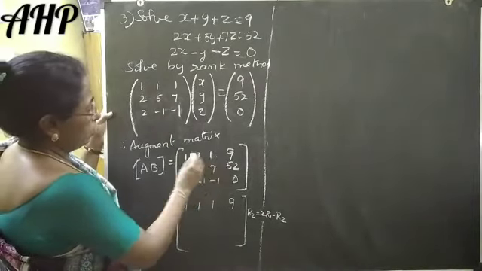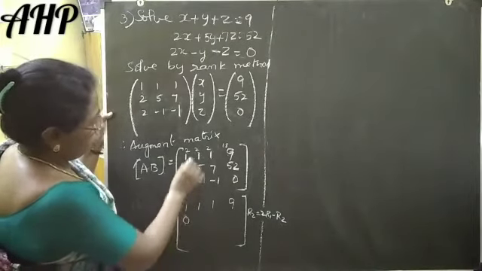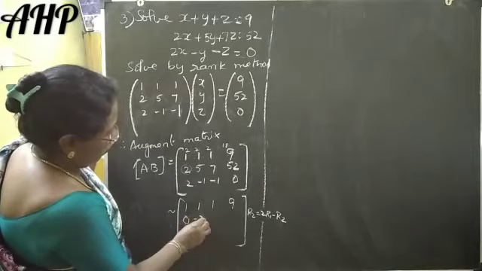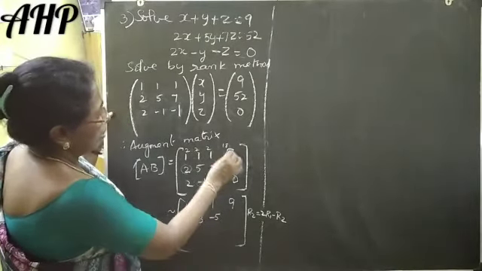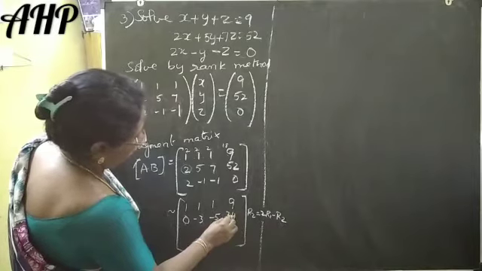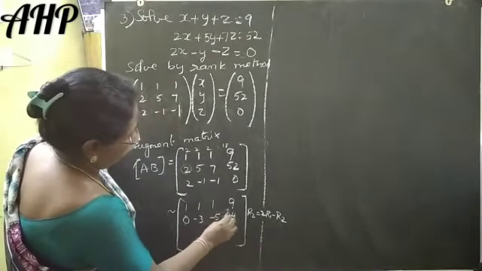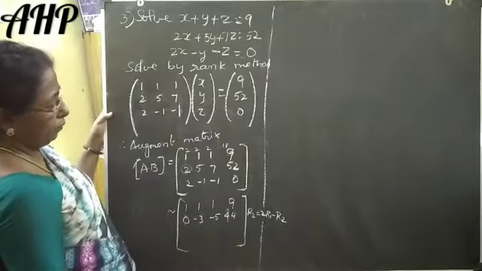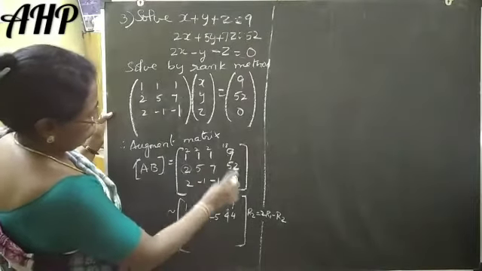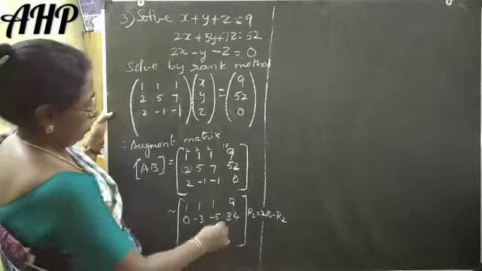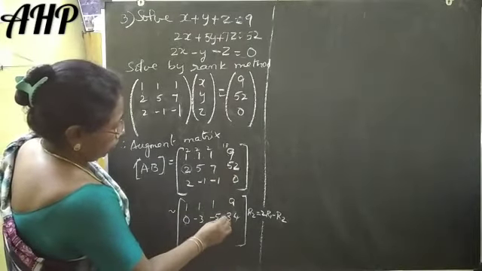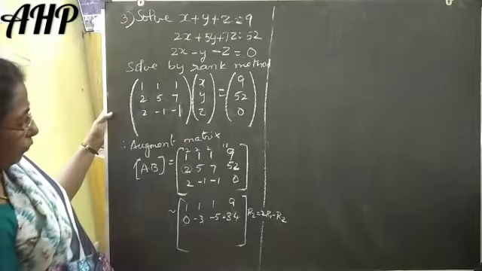So 2 minus 2 gives you 0. 2 minus 5 gives you minus 3. 2 minus 7 gives you minus 5. 18 minus 52 gives you, oh sorry, minus 34.